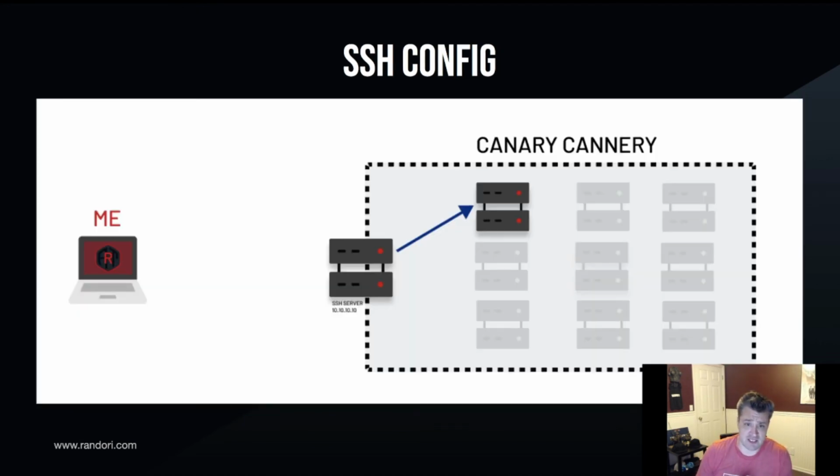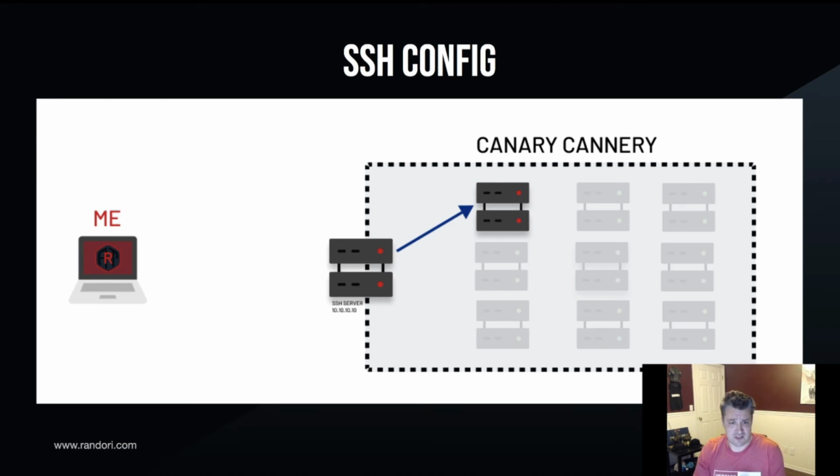So let's use SSH config to do something cool. Let's say that I know Bob is going to log into this SSH server, or from the SSH server to another system on that canary network.